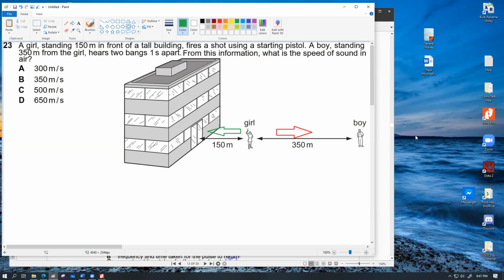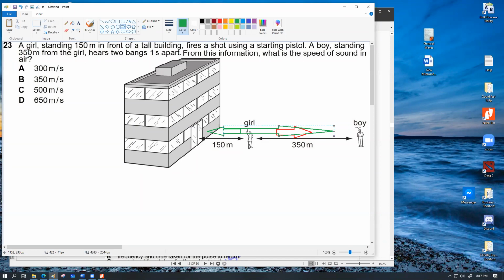So the green wave is going to go left, and after reflection it is going to travel to the right. So this is going to happen ultimately. That's why the boy is going to hear two different sounds. And as per the question, the time gap between these two sounds is how much? 1 second. The boy hears two bangs 1 second apart.